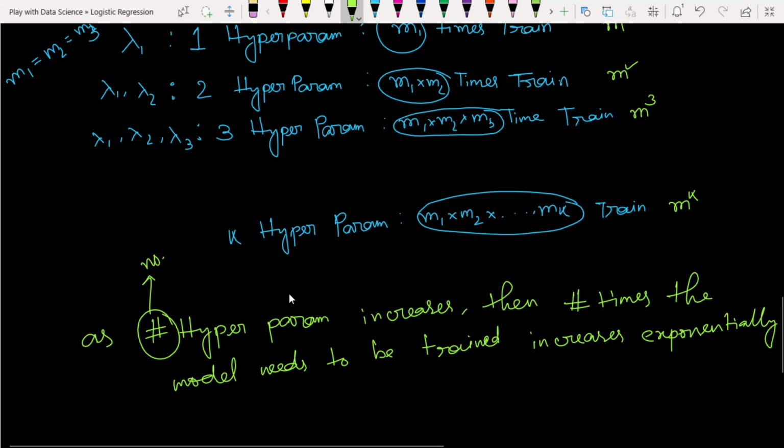Okay, so this is a very bad situation. When we learn deep learning models, you will see there are tons of hyperparameters.